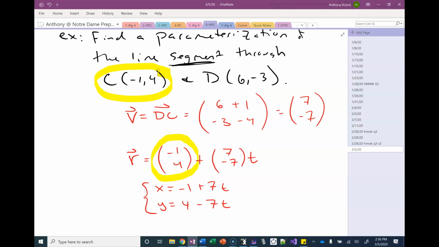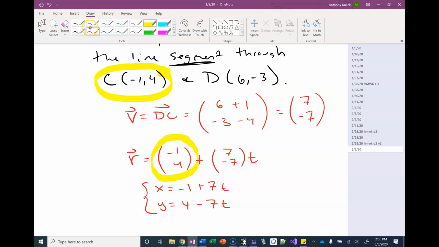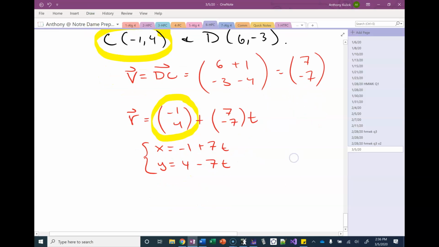That's either going to be the start or end of this segment. Everybody agree with that? Okay? The other endpoint I should be able to get at either t equals 1 or t equals -1. It's not entirely clear just by looking at this problem which one it's going to be.